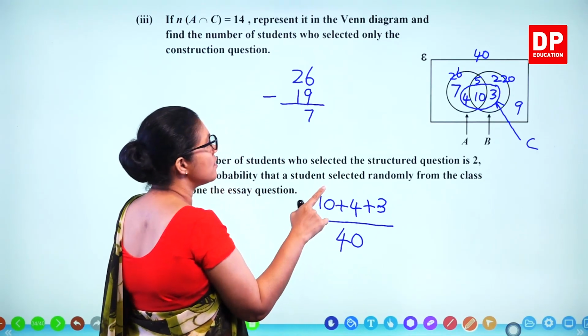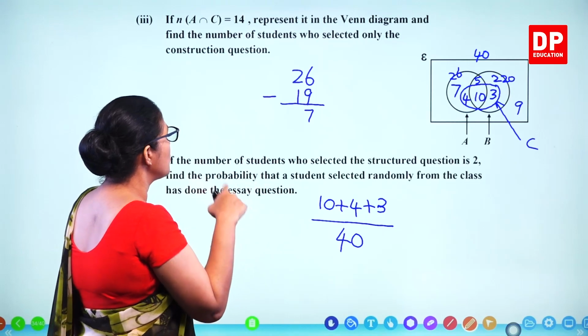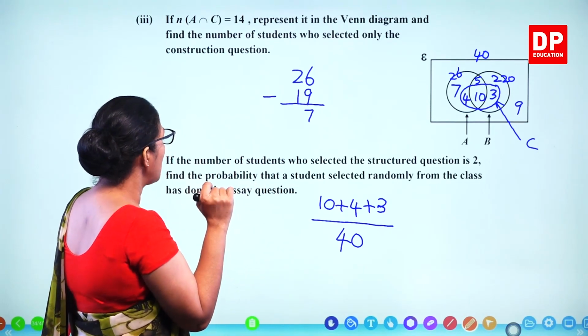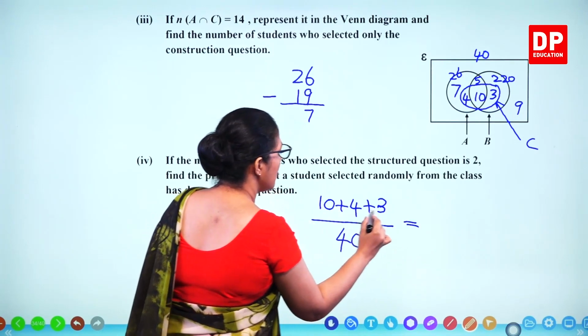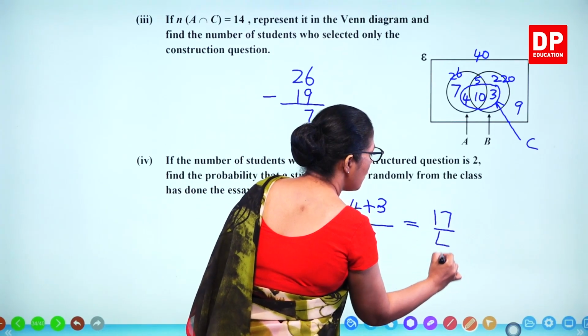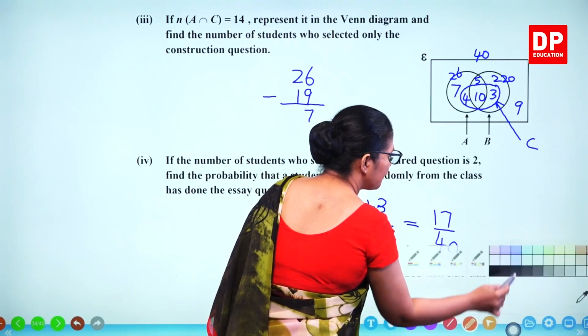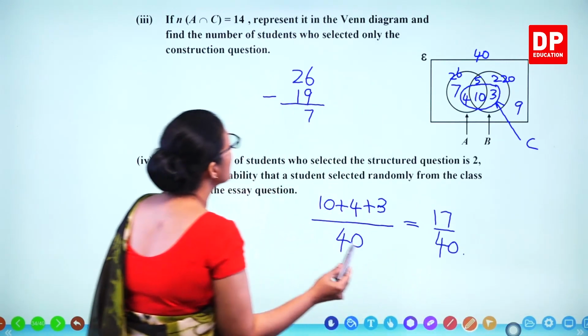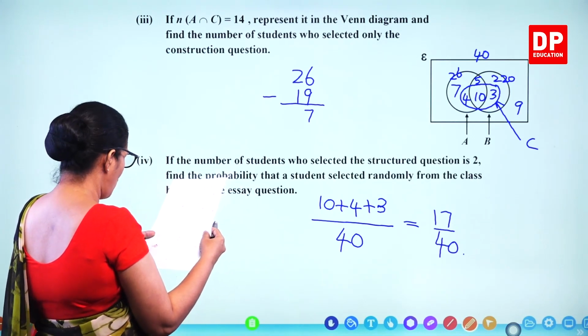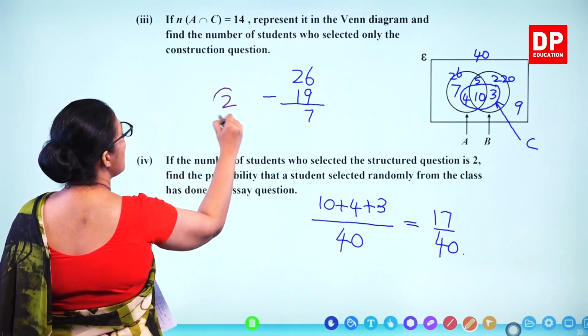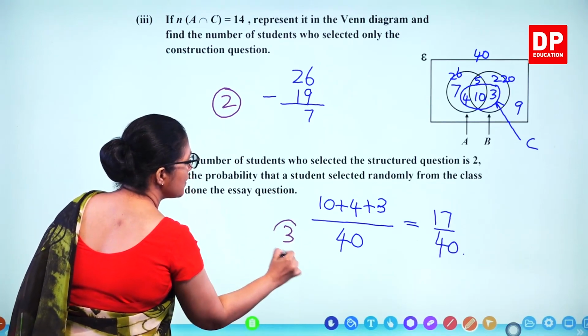That's the probability of selecting students who select the structured type question. So 17 over 40. So how many marks for that? You are getting 2 marks for this part and 3 marks for this.